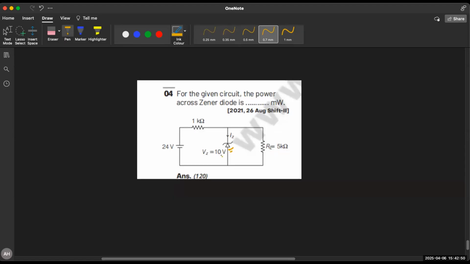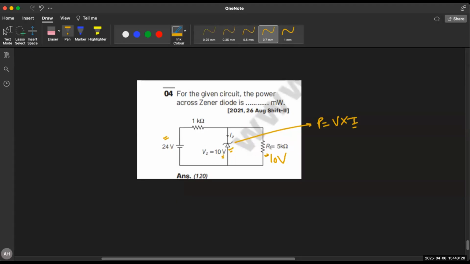You know one thing, that the voltage across the Zener diode is 10 volts. So what is the voltage across this load resistance, Upasana? 10 volt. This we know. Now to calculate power across the Zener diode, power is V into I. You need the current passing through the Zener diode, IZ. If you have IZ, then you can calculate anything. You can calculate power also. This is 24 volt.